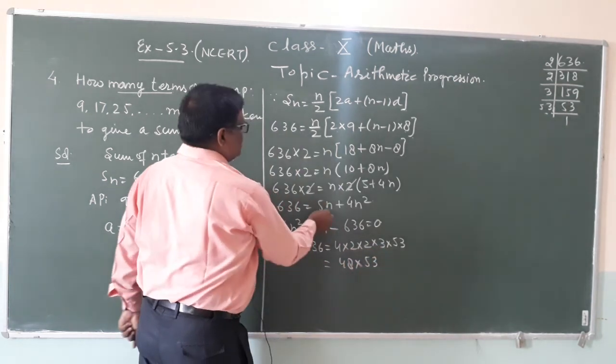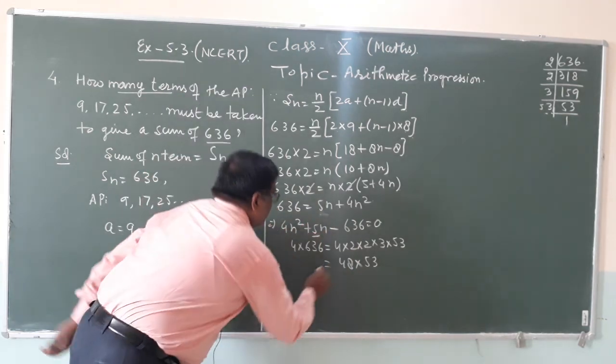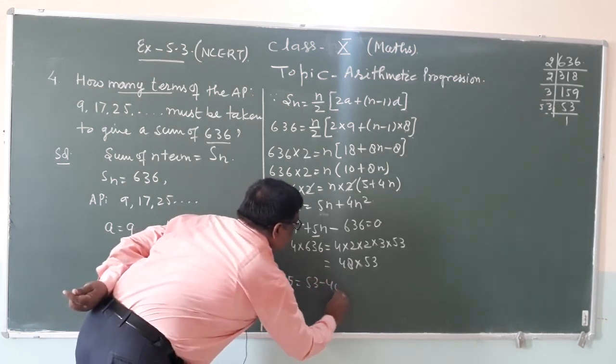Our middle term is 5, and therefore 5 is equal to 53 minus 48.